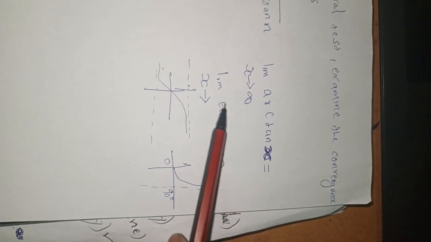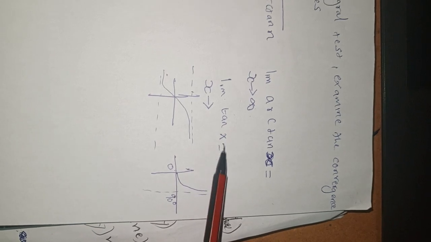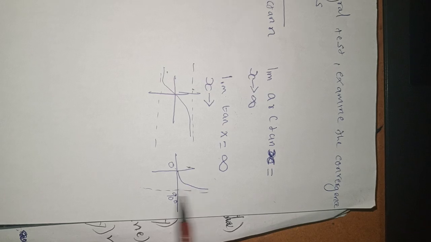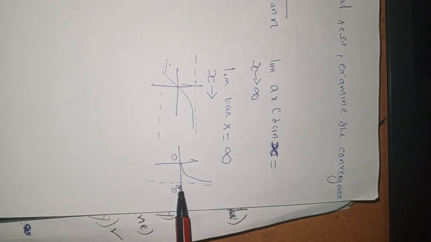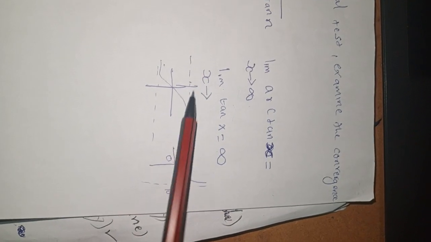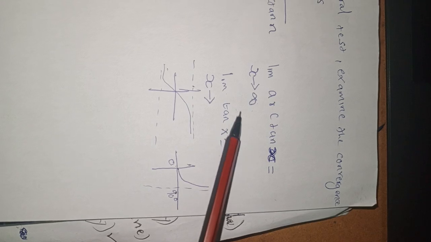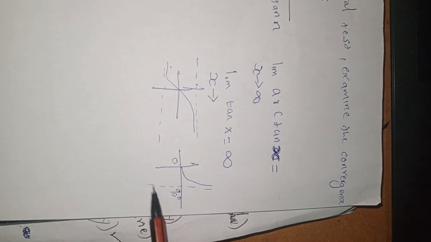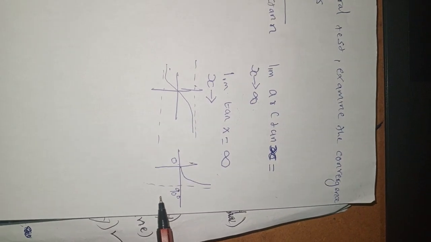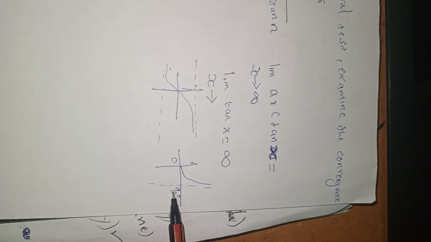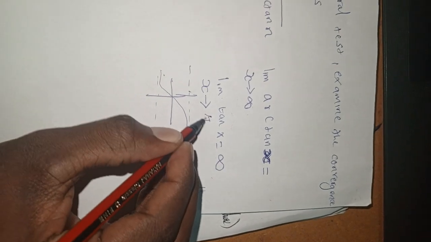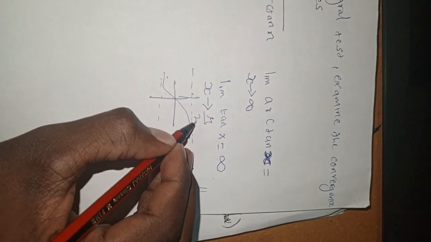So for the graph of tan x to equal infinity, it is approaching the 90 degrees line. So x has to approach 90 degrees for tan x to equal infinity. Now what is 90 degrees in radians? It is pi over 2.